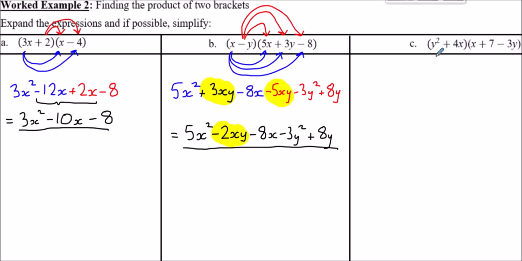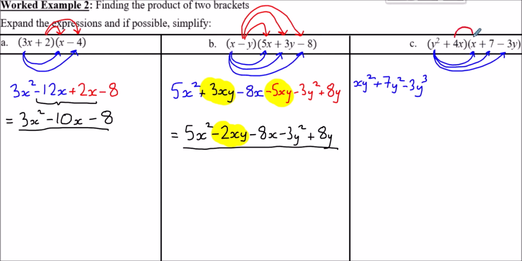Part C, y squared plus 4x multiplied by all of this second bracket. So first of all, multiply the y squared by the x. That gives us xy squared. y squared multiplied by 7 gives us 7y squared. y squared multiplied by minus 3y gives us minus 3y cubed. Now multiply the second term of the first bracket by all the other terms in the second bracket.